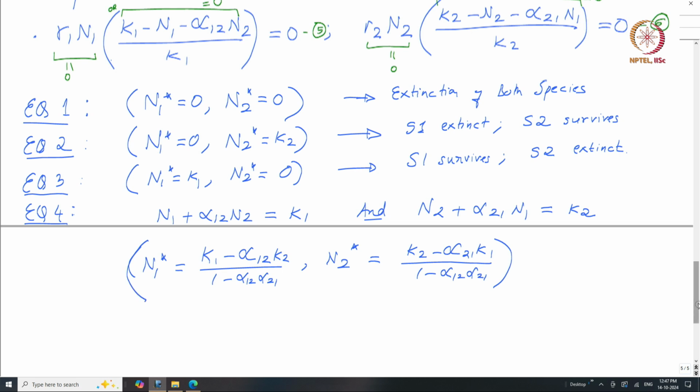Okay. So, these are the 4 equilibrium solutions.